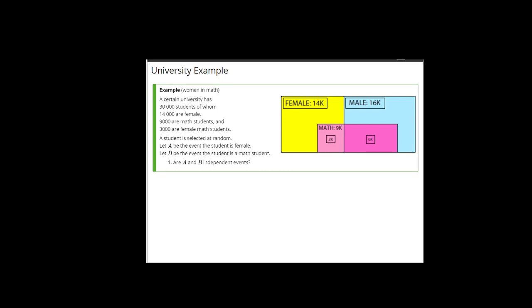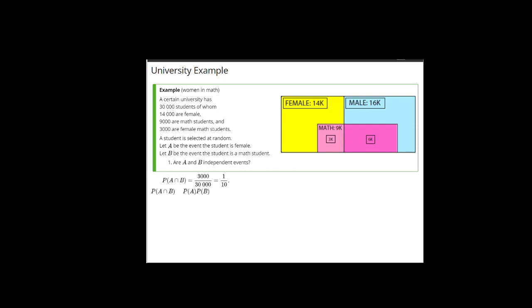To determine this, once again, we determine the probability of A intersect B and compare with the probability of A times the probability of B. The probability of A intersect B is the probability that a randomly chosen student is a female and a math student. There are 3,000 female math students in a total population of 30,000 students, so that's equal to 1/10.